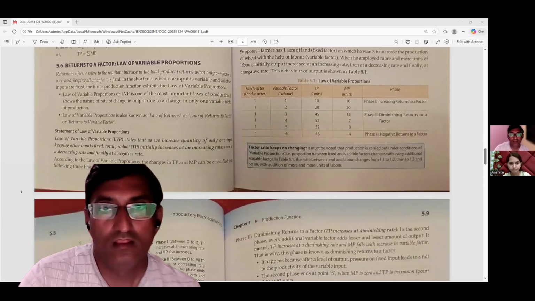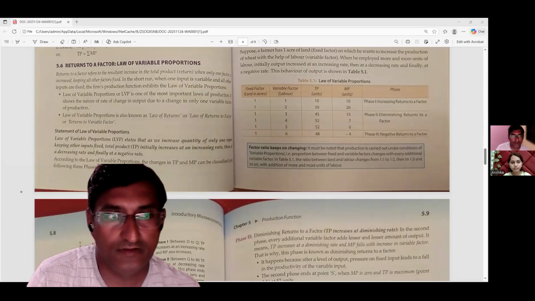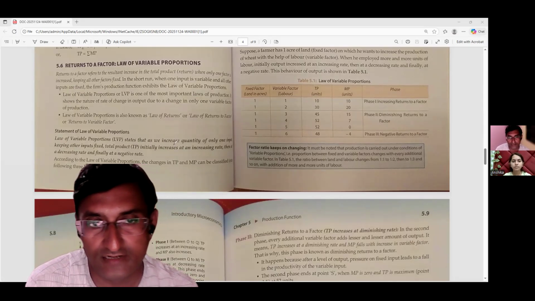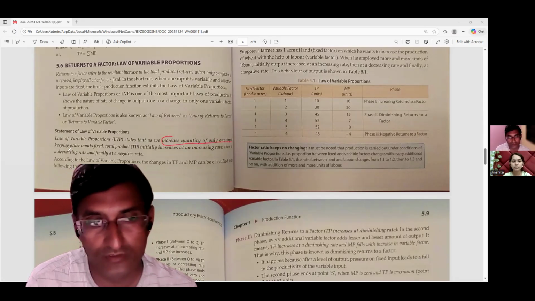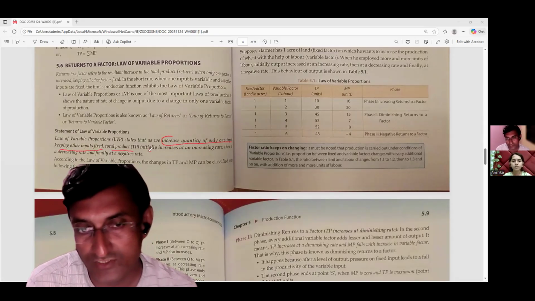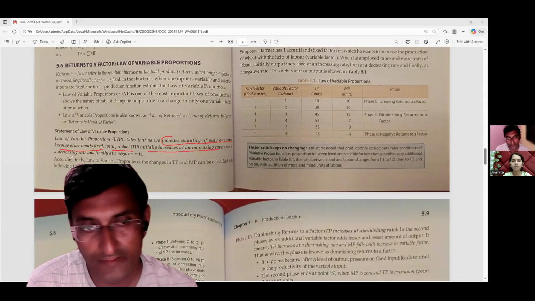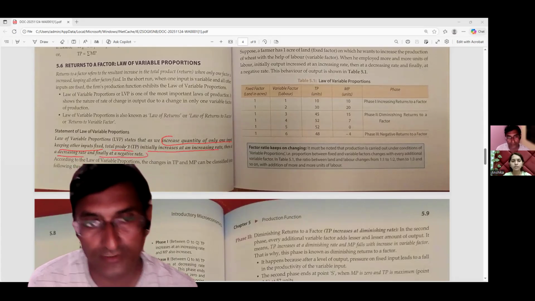Now, the second part is the statement of the law of variable proportions. The law of variable proportions states that as we increase the quantity of only one input, keeping other inputs fixed, total product initially increases at an increasing rate, then at a decreasing rate, and finally at a negative rate.